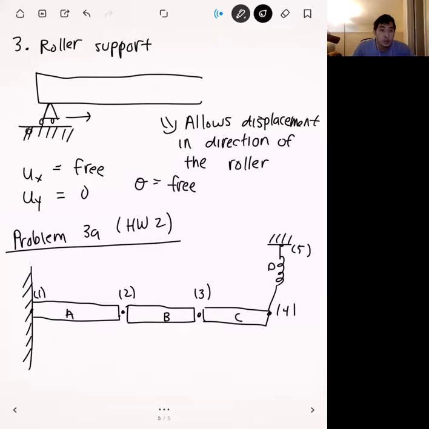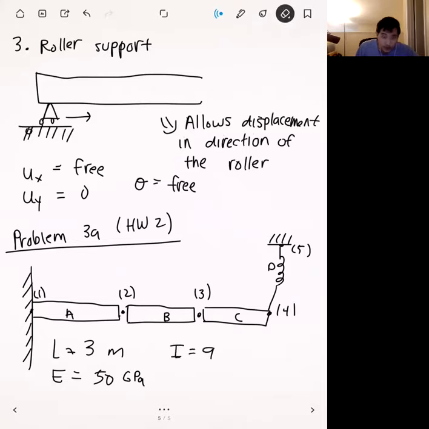What this problem says is that all the beams here are identical, and their properties are given by the following. The length of all the beams is 3 meters. The Young's modulus is 50 gigapascals. The moment of inertia here will be 9, actually really big, 9 meters to the fourth.